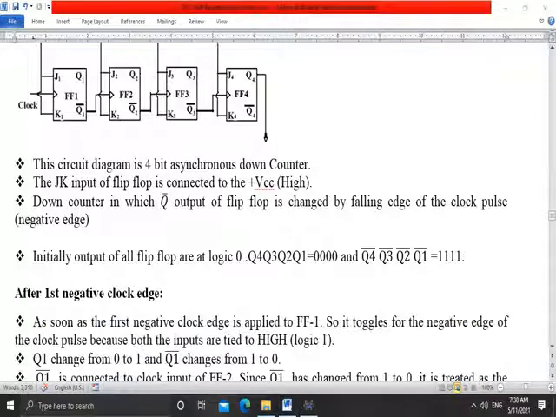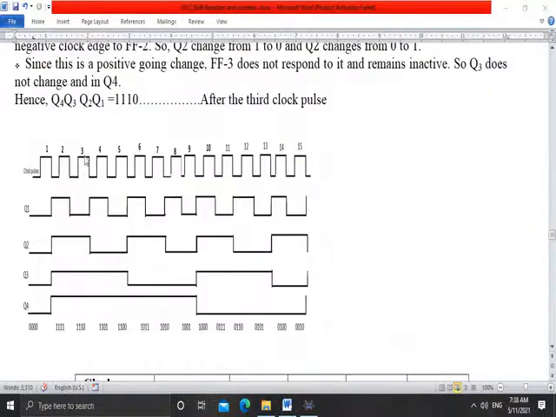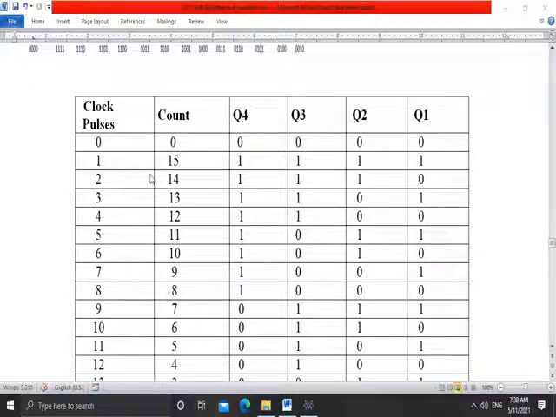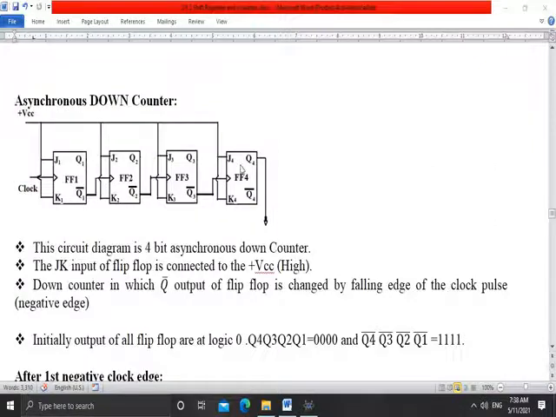Here we have to analyze the circuit in 3 different ways simultaneously: we write the working, we draw the waveform, and we complete the truth table. Initially we assume that all Q bar are 1 and all Q are 0.